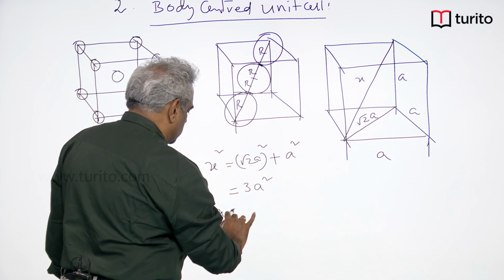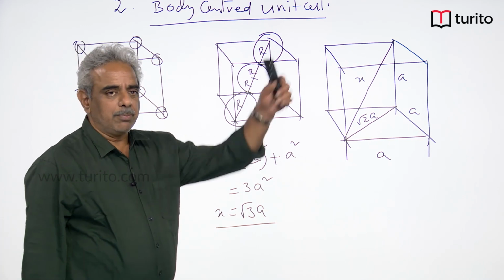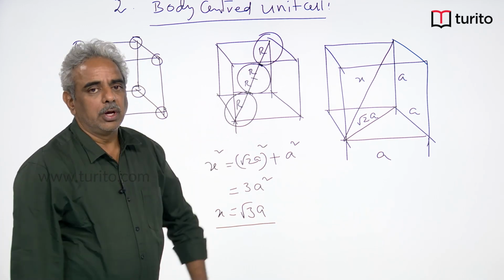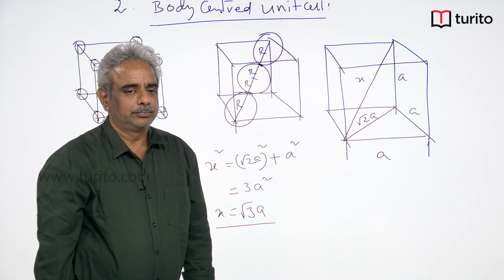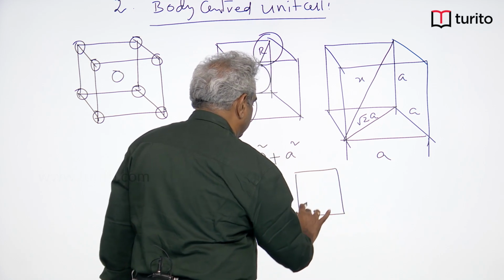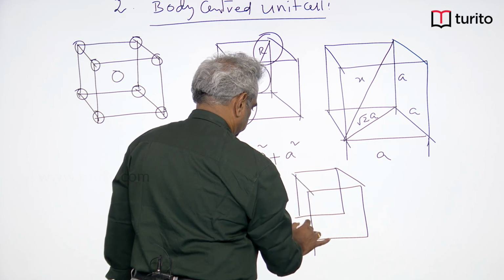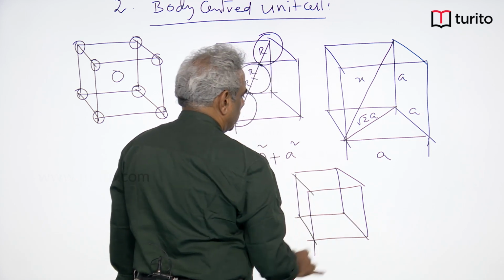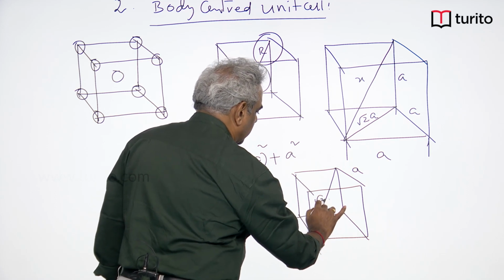So x is equal to root 3 A. So what is the body diagonal length? Root 3 times the edge length of the unit cell. So be very clear, once you have a cubic unit cell, if the edge length is A, the body diagonal will be root 3 A.